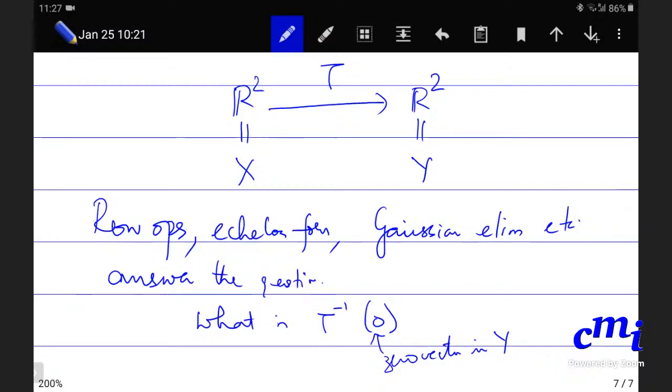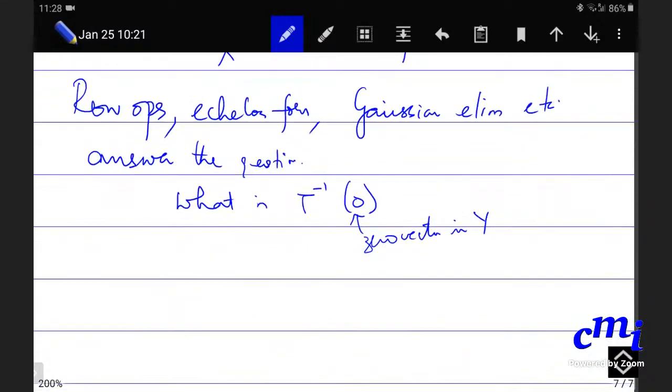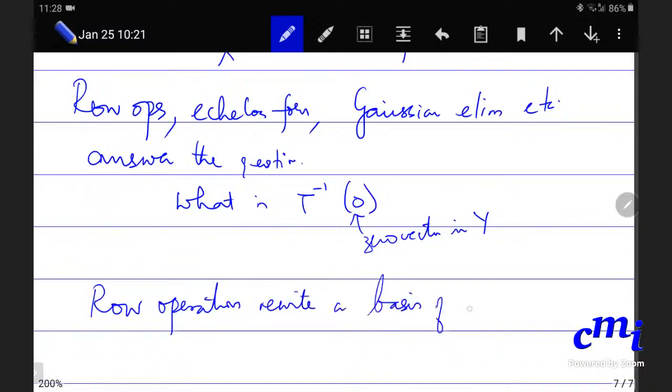What it does is rewrite a basis for Y. That is not expressing T as a matrix. So row operations rewrite a basis of Y suitably.